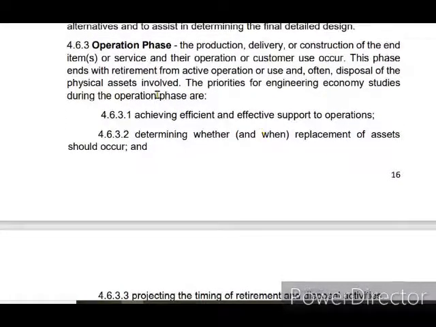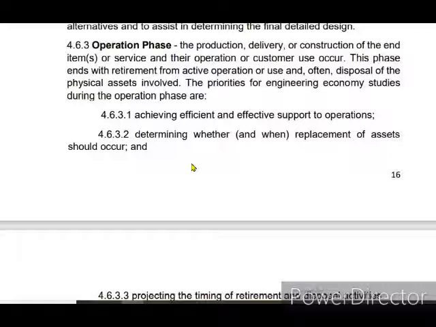Next is the operation phase: the production, delivery, or construction of the end items or service, and their operation or customer use can occur. Okay, in the operations phase, it is not only the execution of the processes to manufacture a product or to execute a service, but it also includes the delivery, the distribution of those products and services to the customer.